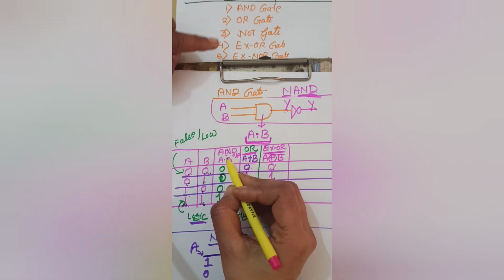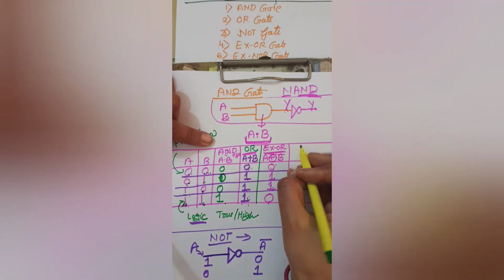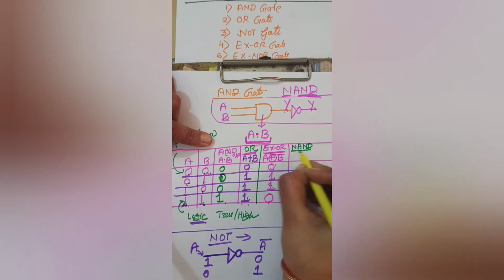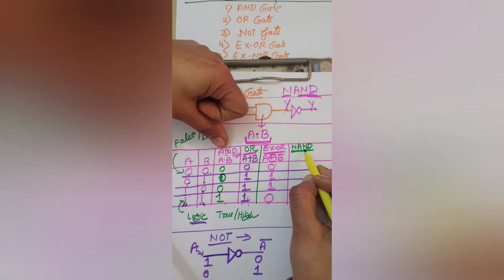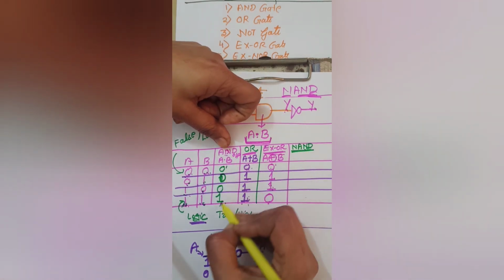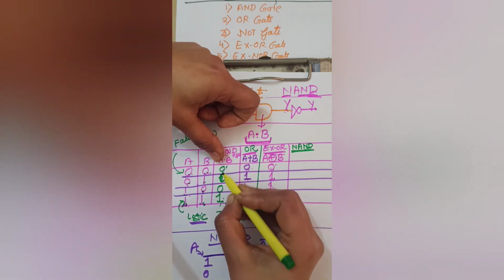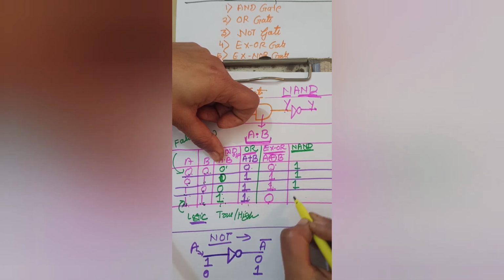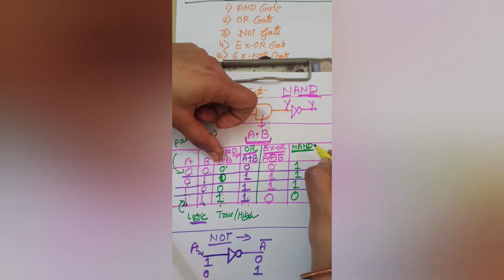So I have to identify the output of the NAND gate. If I have to remember the NAND gate, then consider the output of AND. This output will be complemented for the NAND gate. 0 0 0 1 becomes 1 1 1 0.